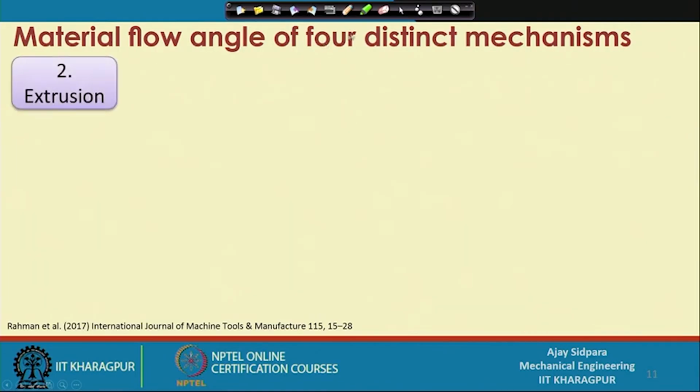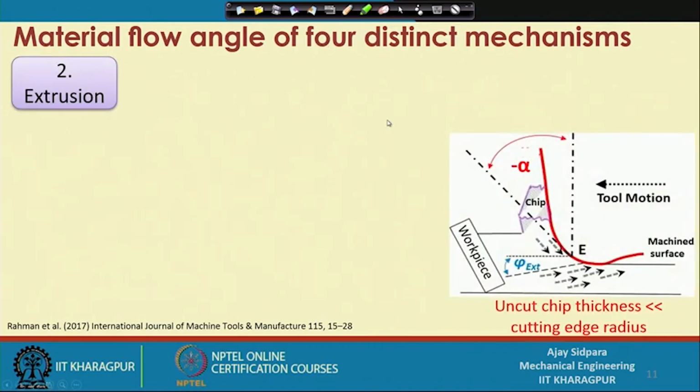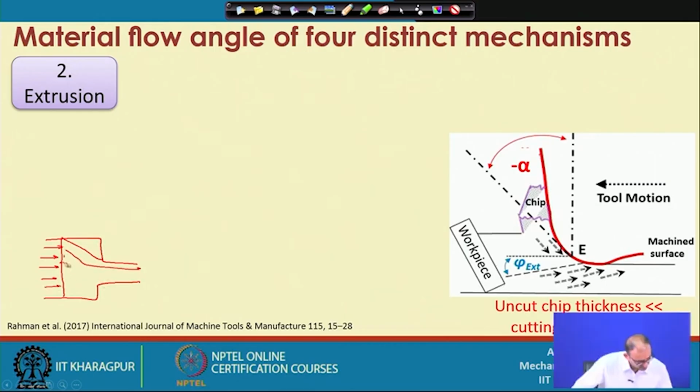Now, the second one is extrusion. What is extrusion here? We know extrusion from metal forming processes. In metal forming, suppose you have a die and then you have material. This material will pass through this die, and everything will be squeezed, and then you will get a reduction in the diameter or the reduction in the area.